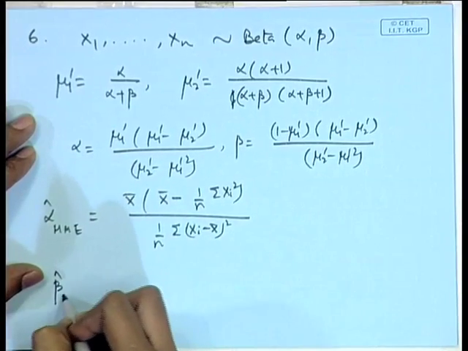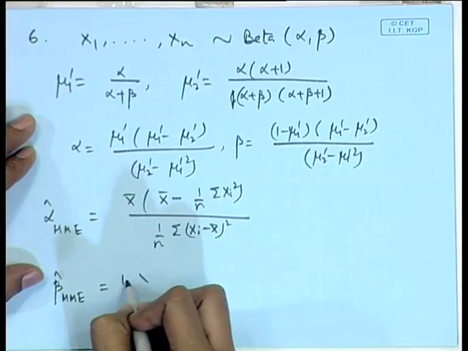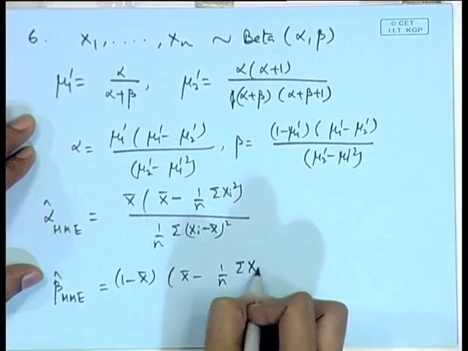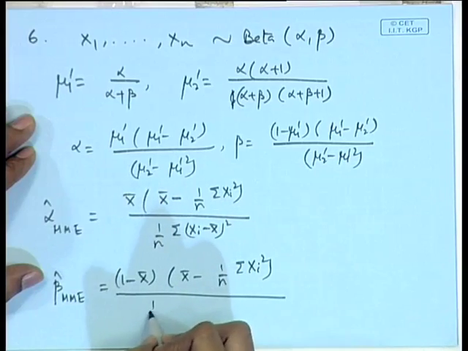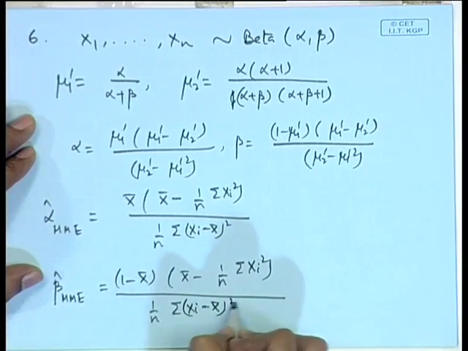Similarly, beta hat MME is equal to (1 minus x bar) into (x bar minus 1 by n sigma x i square) divided by 1 by n sigma (x i minus x bar) whole square.